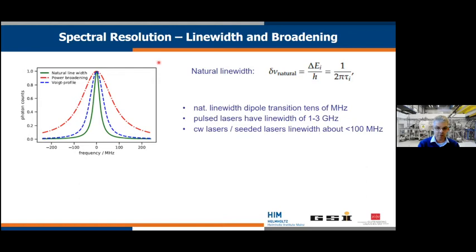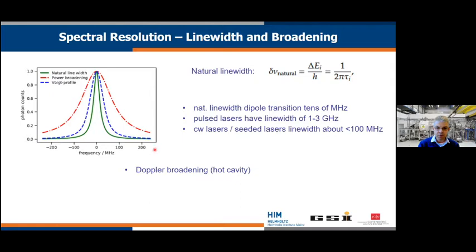So you can have very narrow band lasers, but at the same time, you need a certain intensity to obtain saturation. Now, there are several broadening mechanisms in a practical experiment that also limit your resolution. Most commonly, it is the so-called Doppler broadening, which is related to the temperature of your atoms.